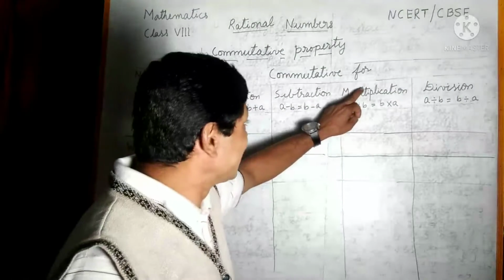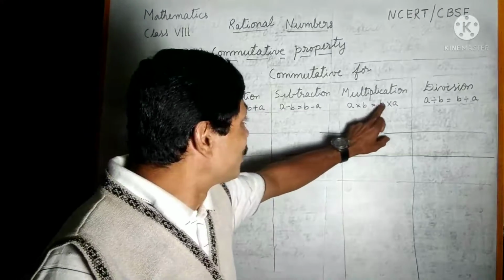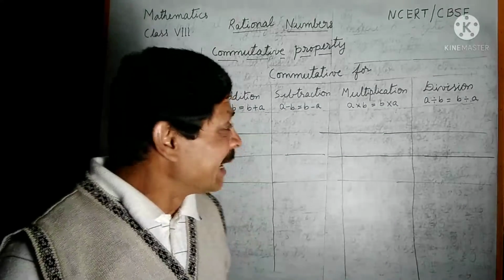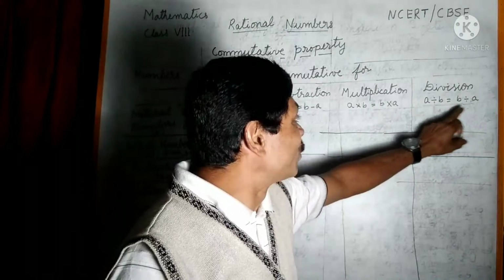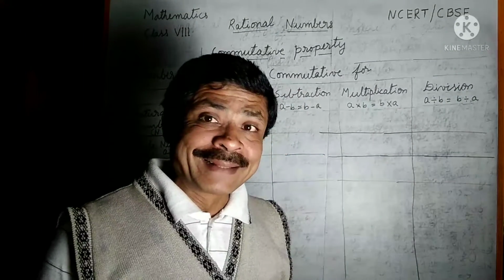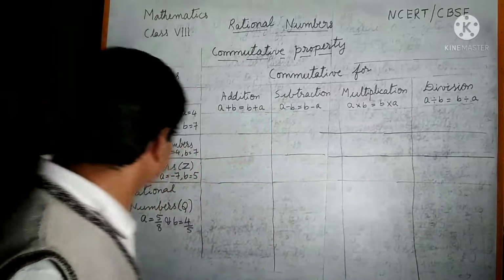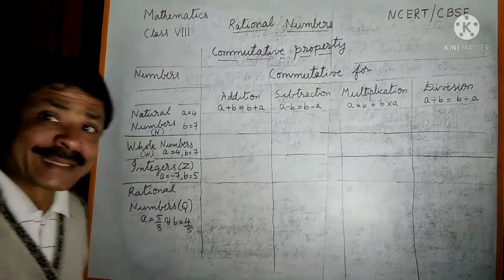For any given numbers a and b, if a into b is equal to b into a, then multiplication is commutative. And for any given numbers a and b, if a divided by b is equal to b divided by a, then division is commutative. Now let us check for natural numbers, whole numbers, integers and rational numbers one by one.